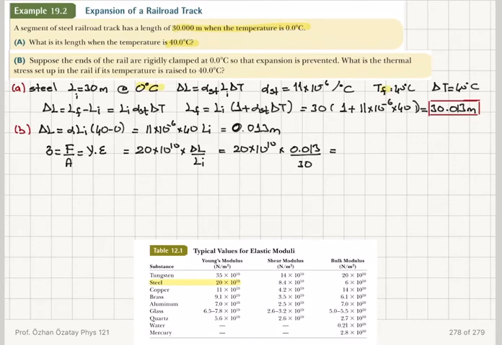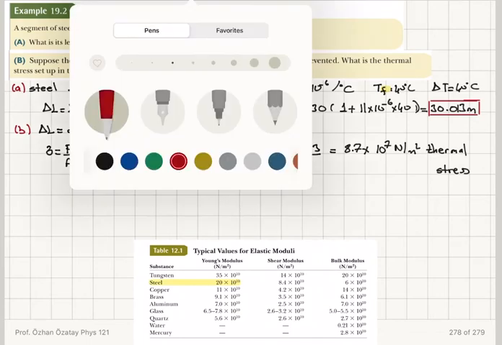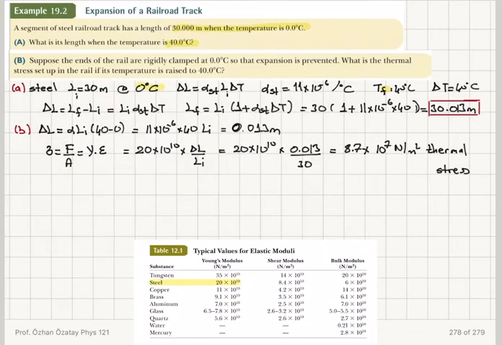So I find 8.7 times 10 to the 7 newtons per meter square thermal stress building up. What does that mean? There will be a force per area building up in this material because we have prevented its thermal expansion.